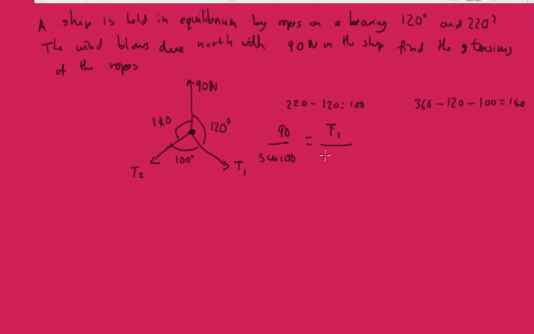So this must be sine 140. Now if we just rearrange all that, we're going to get T1 is equal to 58.7 newtons. Similarly, 90 over sine 100 must be equal to T2 over sine 120, which will give us T2 is equal to 79.1 newtons.